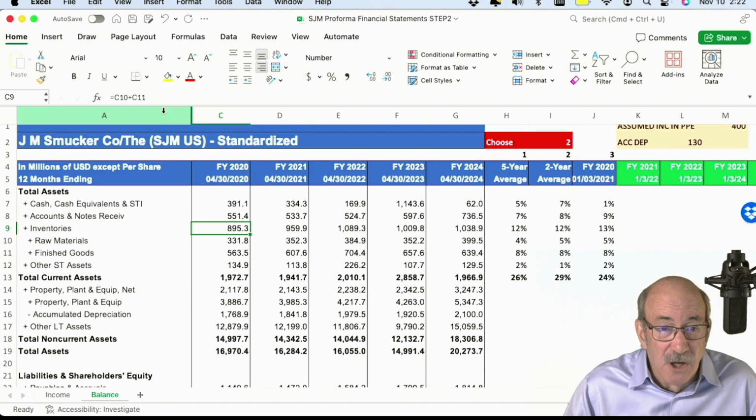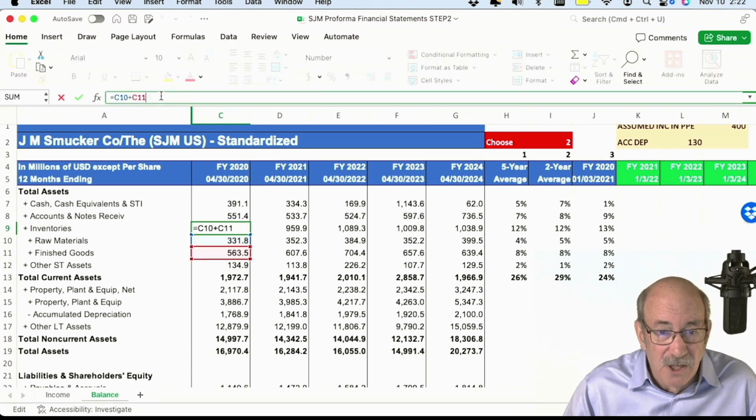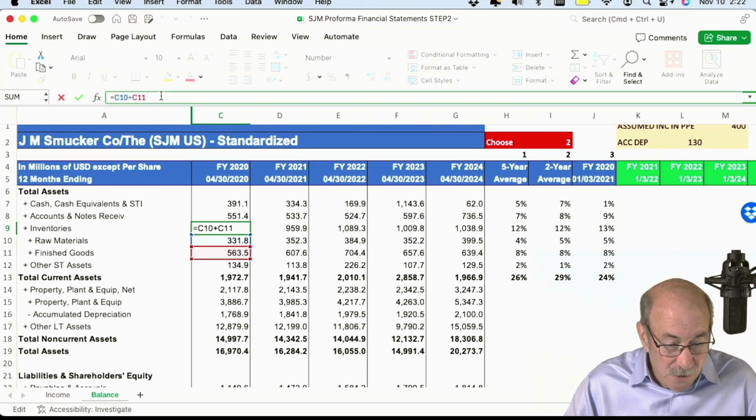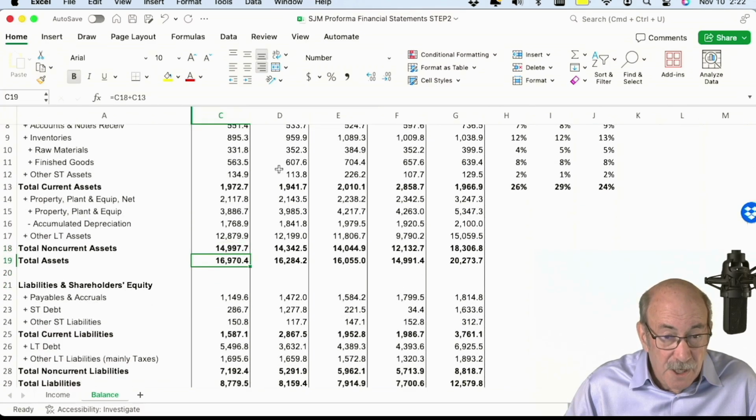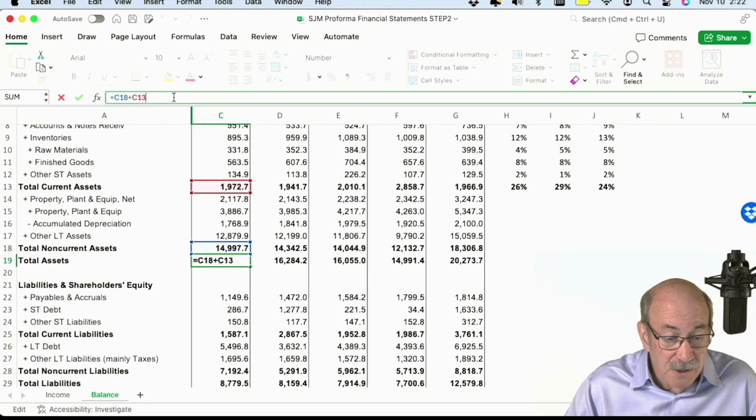For instance, notice here too that I actually made this a subtotal as well. The inventories is actually a subtotal of raw materials plus finished goods. And then down here, again, I've got an actual formula in here as opposed to just a percent of sales. All right? Good so far?